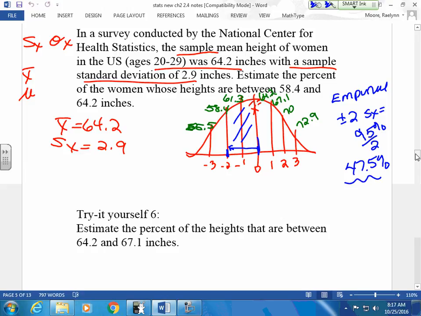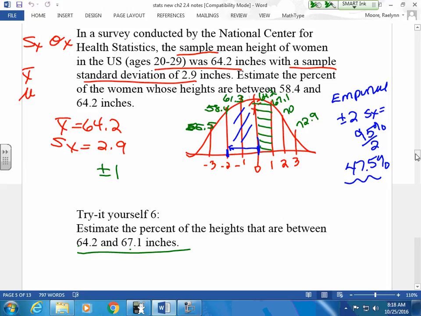All we're using is your empirical rule right now. What percentage of your data falls between 64.2 and 67.1? I want here. That's one standard deviation above the mean. What does my empirical rule say for plus or minus 1? What percent?